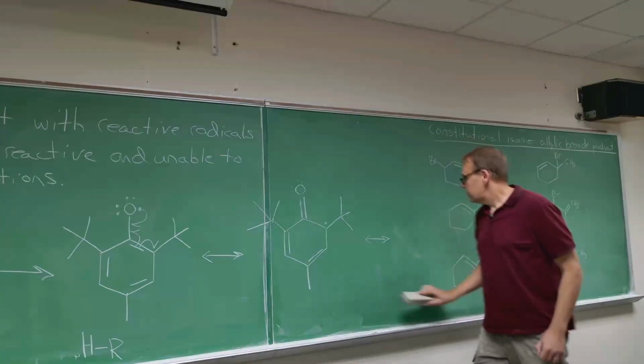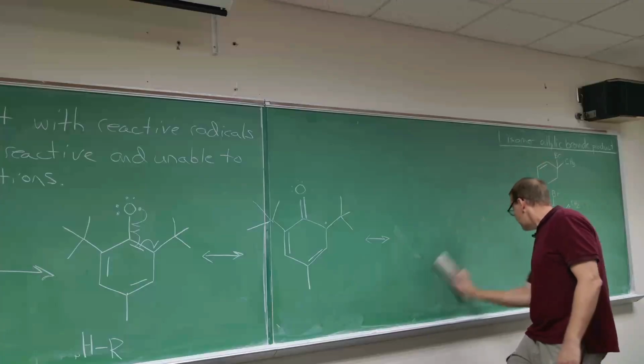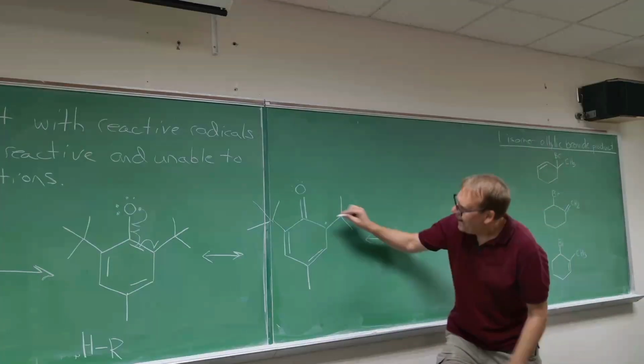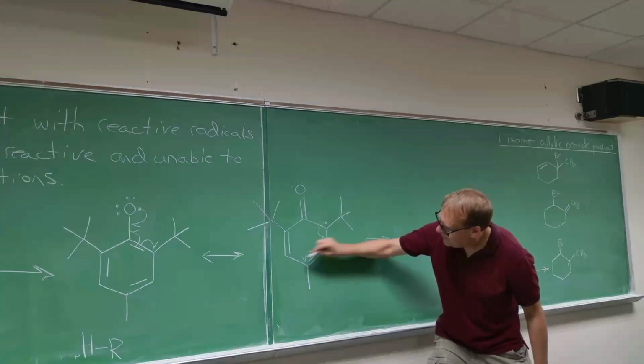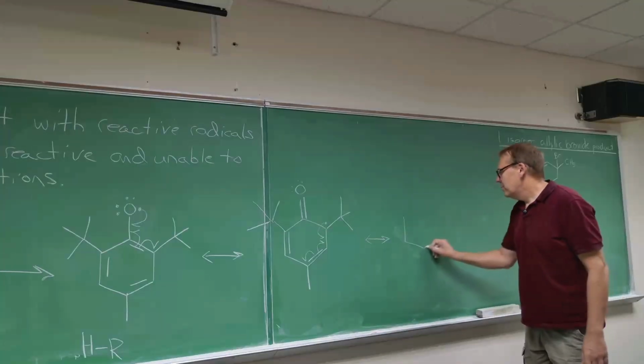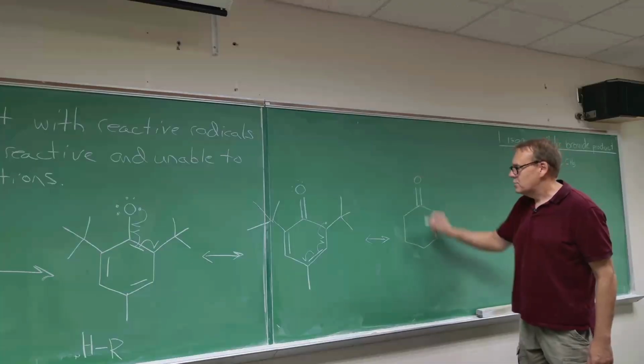That's not the only resonance structure, though. You can keep going, pushing this electron further and further around the ring. I can take it from here and push it in like this and put it over here in the position exactly across from the oxygen on the ring.